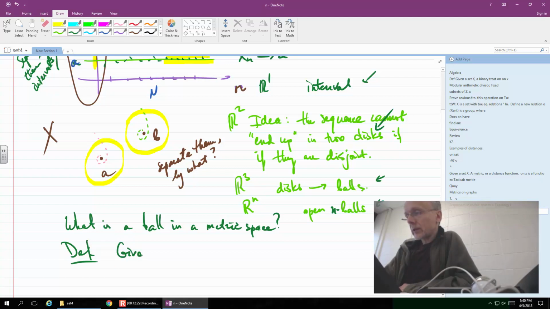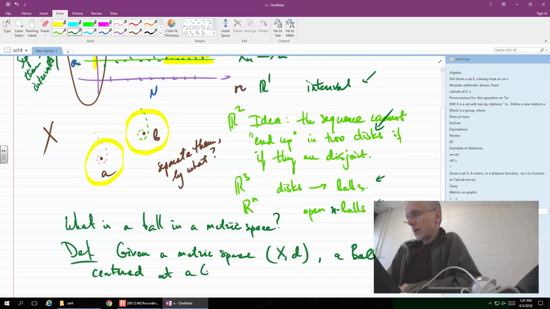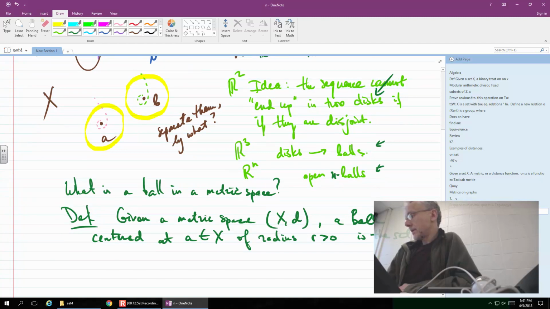So given a metric space (X, d), a ball centered at A in X of radius R greater than 0 is the set B(A, R), usually written B_A(R).